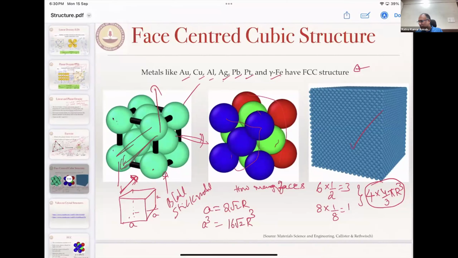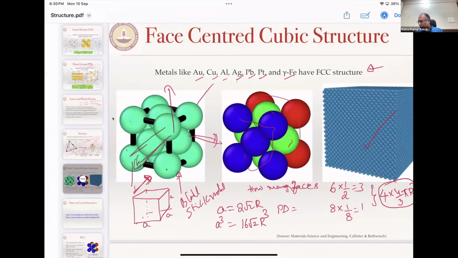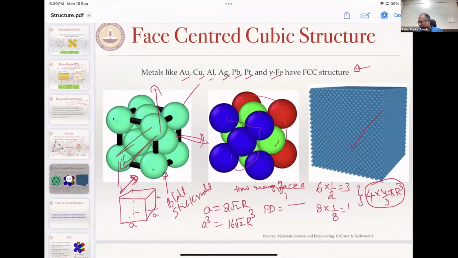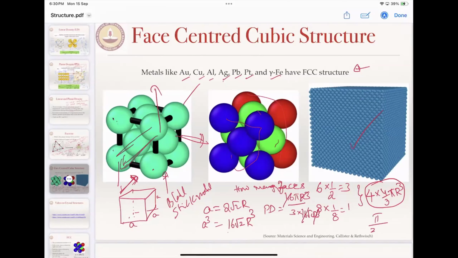So what is the packing density? Total volume occupied by the atoms, that is 16 pi R cube by 3, divided by the volume occupied by the unit cell, that is 16 root 2 R cube. 16 gets cancelled, R cube gets cancelled. Then what you have is pi by 3 root 2.